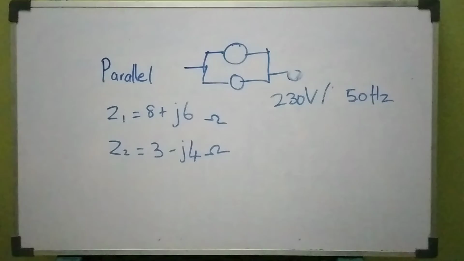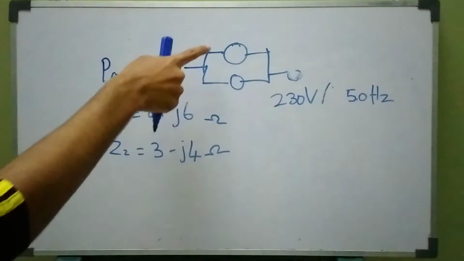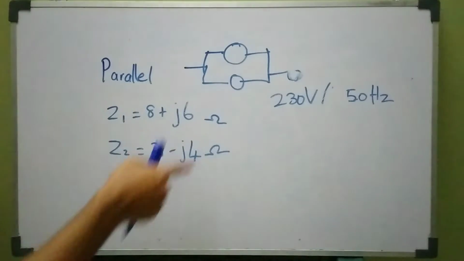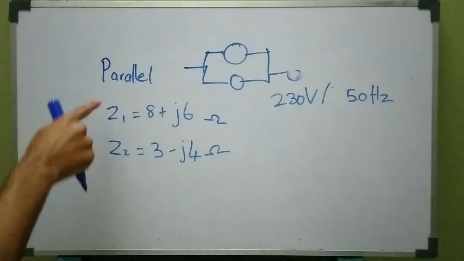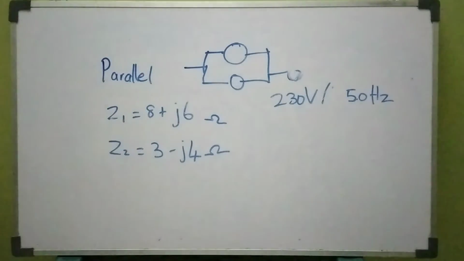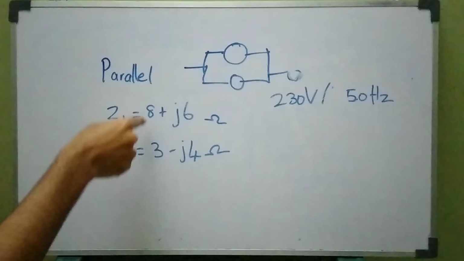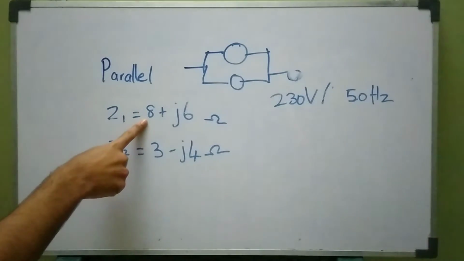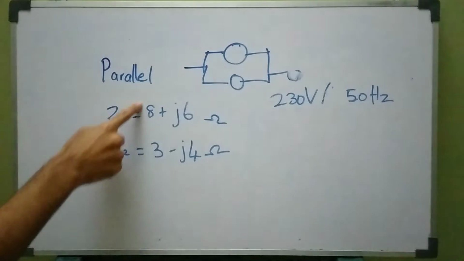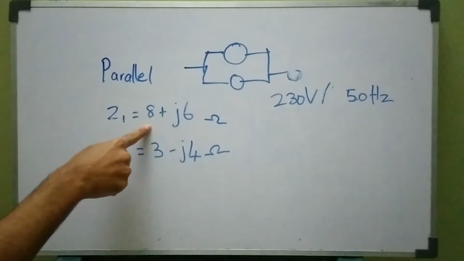Okay. So here we are given that two electrical components are in parallel. But the main thing is we don't know whether this circuit contains a resistor, capacitor or inductor. From our previous knowledge, we can directly tell that it always contains a resistor because it has the real part of the impedance.